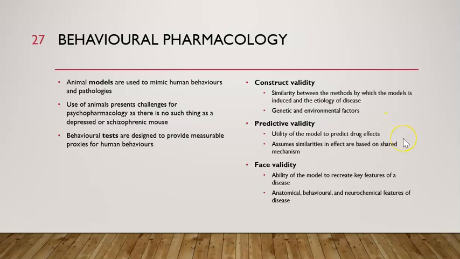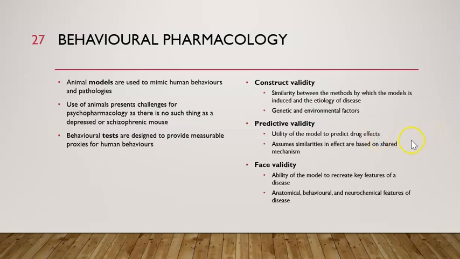Predictive validity. How good the model is at predicting the effects of drugs. So this is the one we'll be talking about a lot in this class because we like to talk about drugs here. So how good does the, say, antidepressant treat depression in animals versus humans, okay?